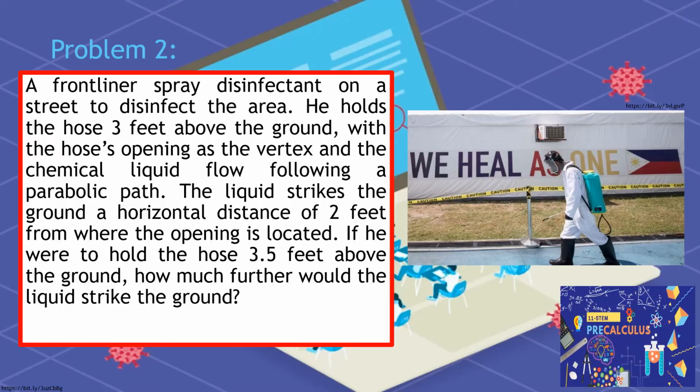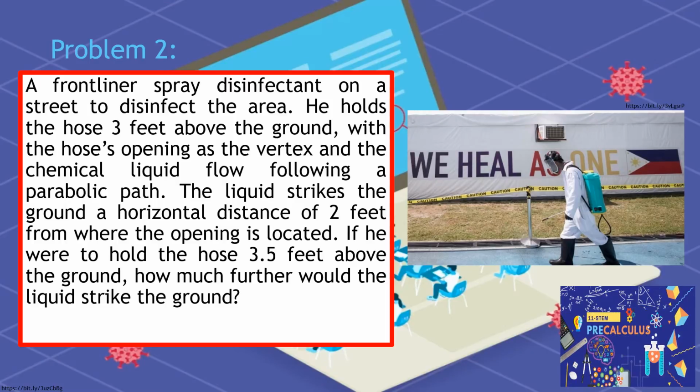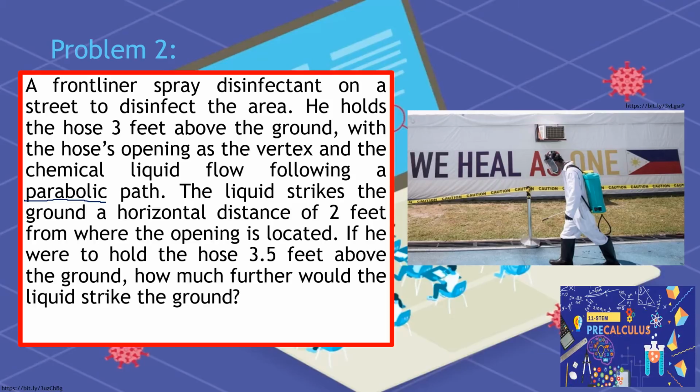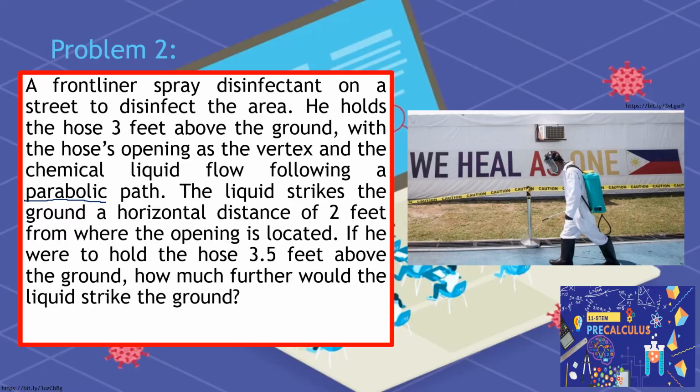By looking at this word problem, we can take this word, parabolic. That means we're dealing with parabolas, so we will be using the concept of parabola in answering this particular word problem.